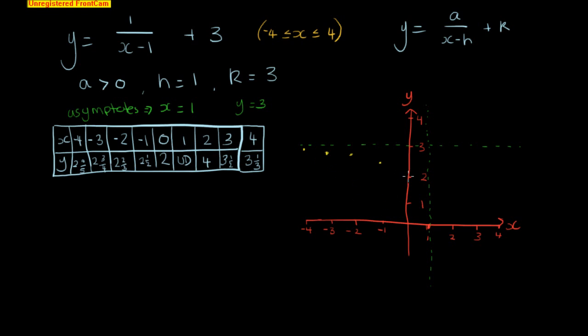And 1 is undefined, so we've already got our asymptote in. At x equals 2, y equals 4. Then at 3, we've got 3 and a half. And at 4, we've got 3 and 1/3.